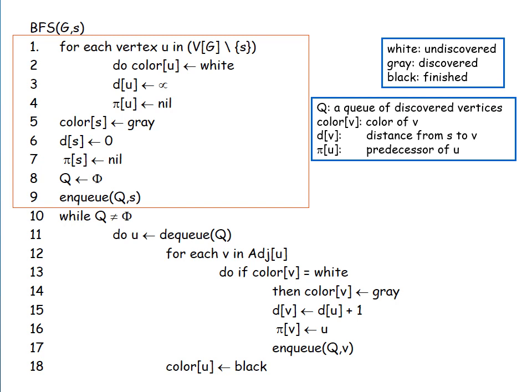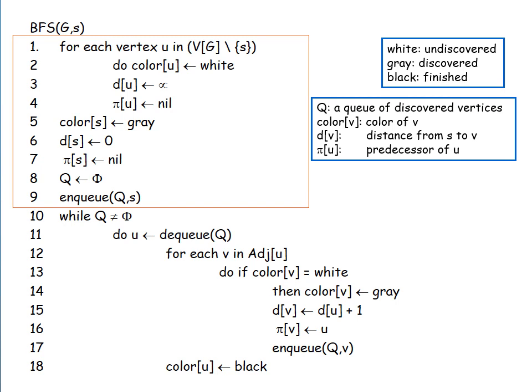So if the adjacent element V is white, then we color that adjacent element gray, that we've discovered it. We have its distance be 1 plus the distance to U from which we came.